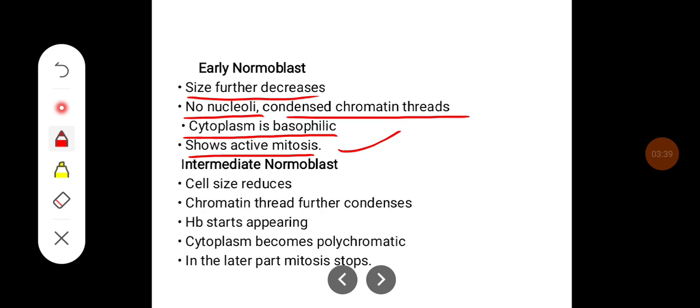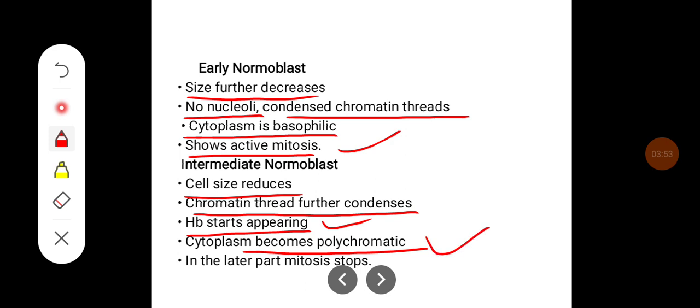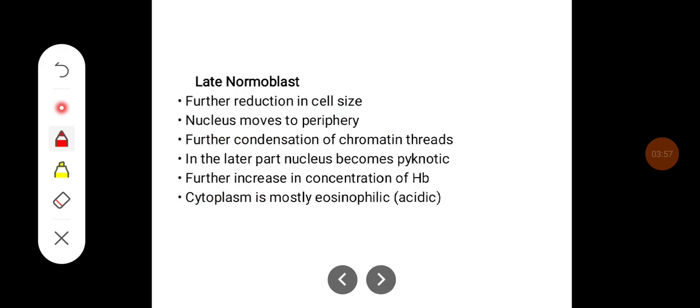Intermediate normoblast stage, the cell size further reduces, chromatin thread further condenses, and hemoglobin starts appearing in this stage. Cytoplasm becomes polychromatic, that is, it stains both eosinophilic as well as basophilic, and in the later part, the mitosis stops.